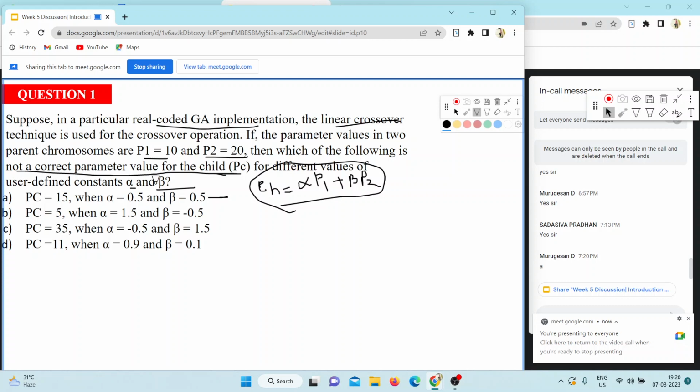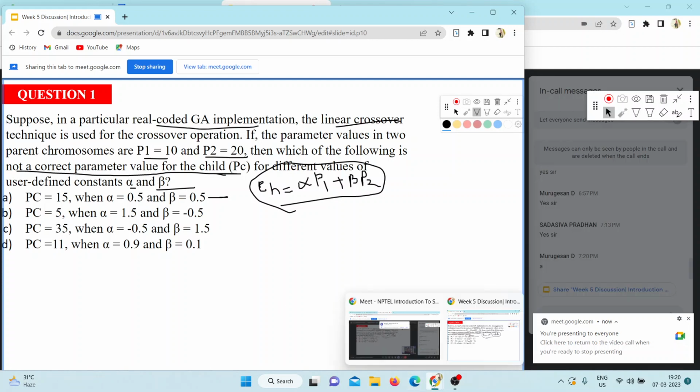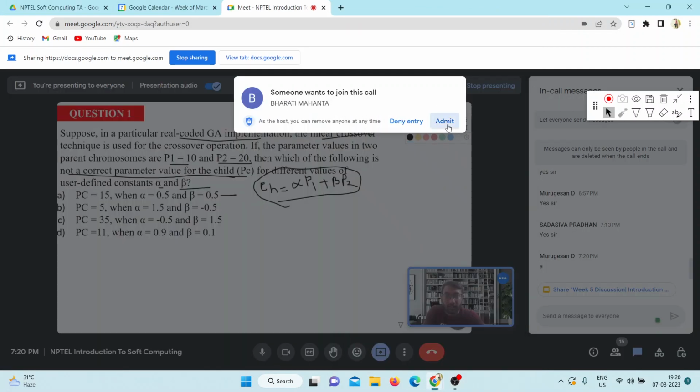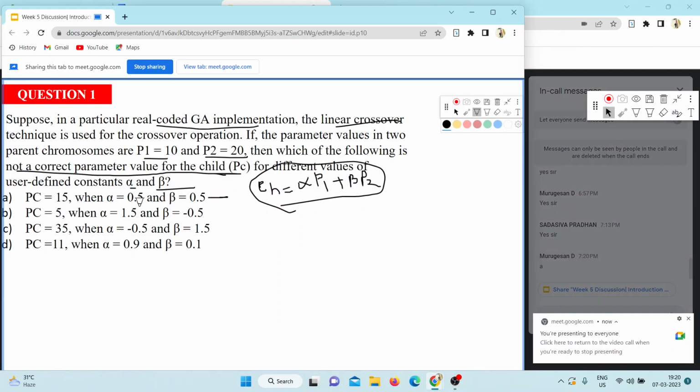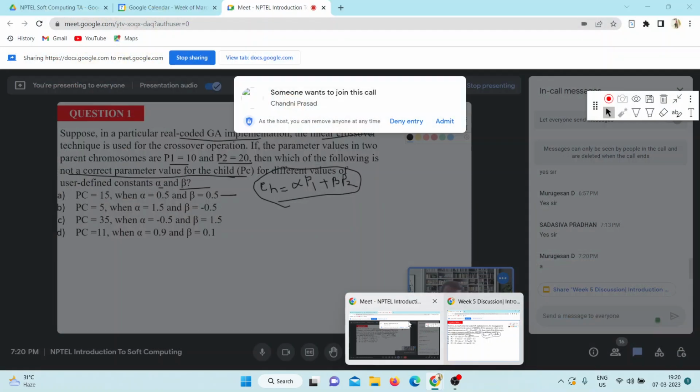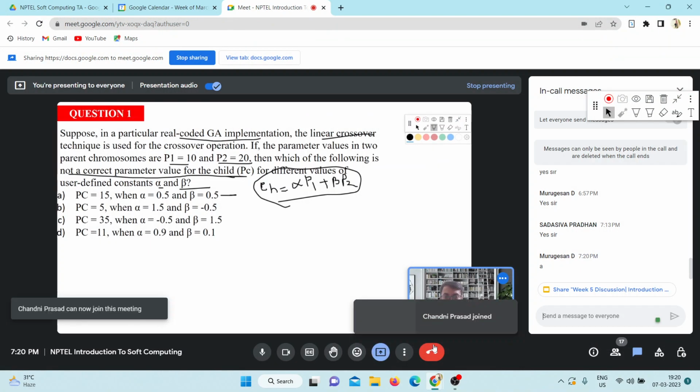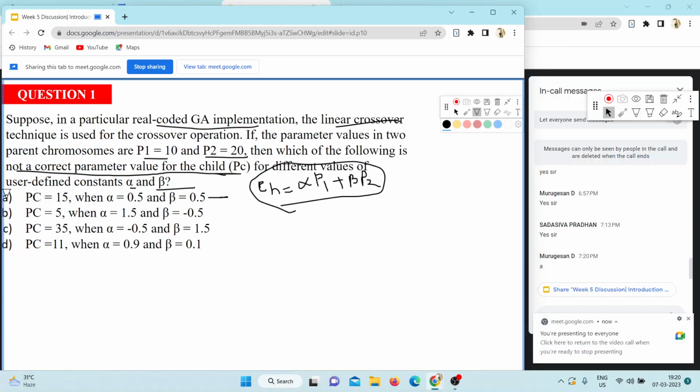Okay, let me tell you the answer. For option A, alpha 0.5 multiplied with 10 is 5, plus 0.5 into 20 is 10, so PC is 15.